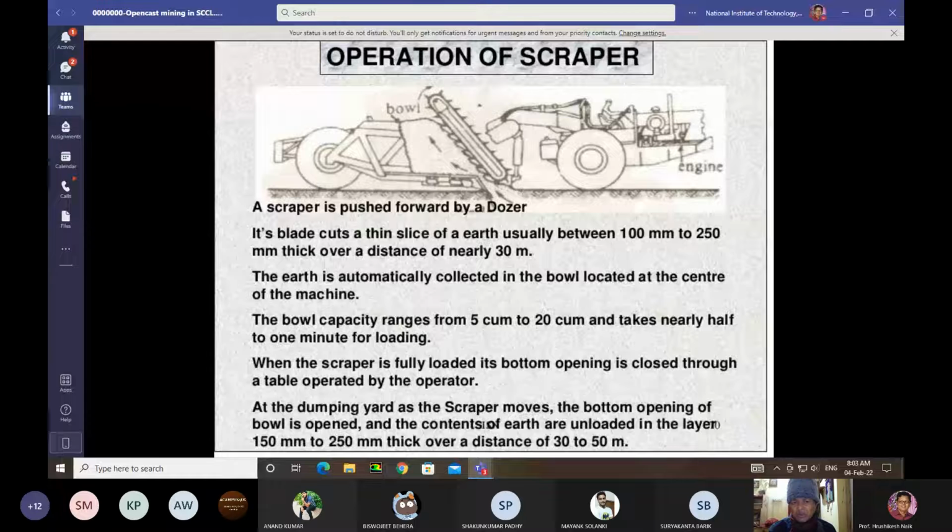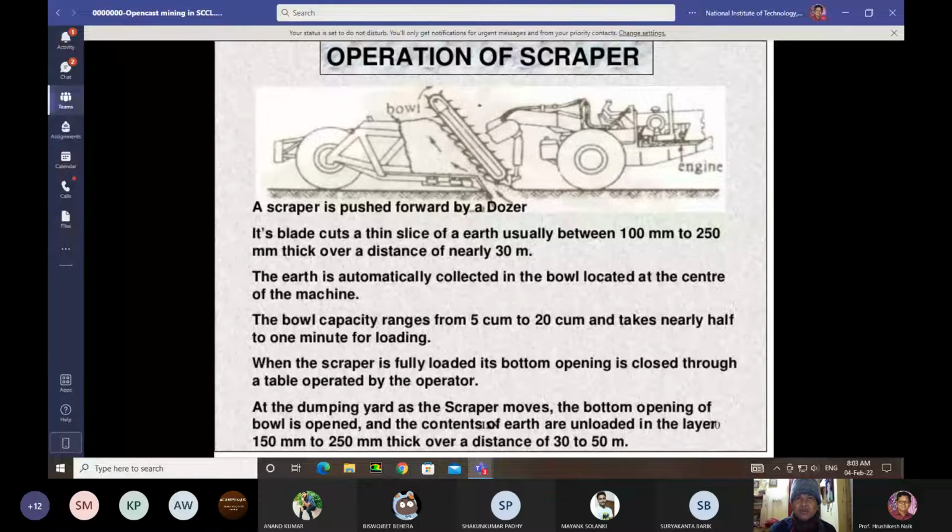So the scraper, after cutting the material, loading the material, and collecting it in the bowl, travels up to 30 to 50 meter distance to dump the materials. So this is the operation of a scraper.